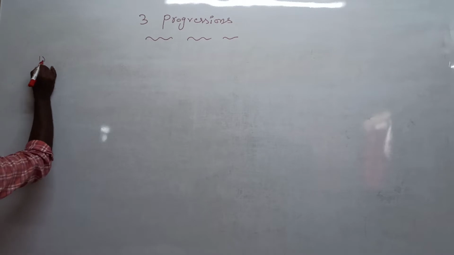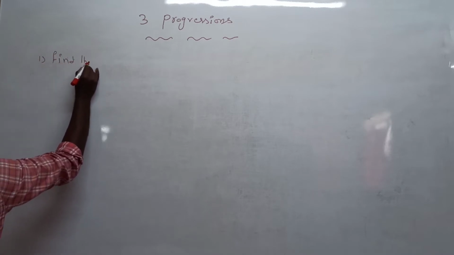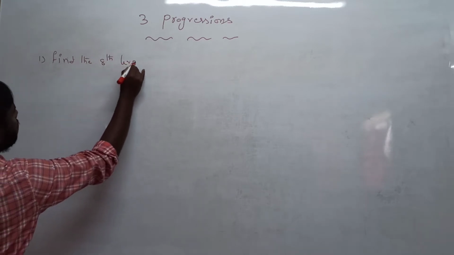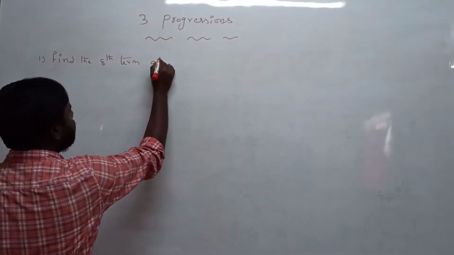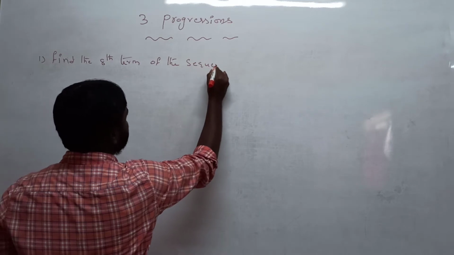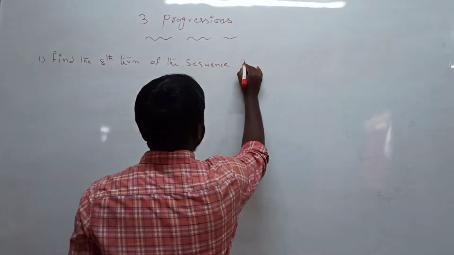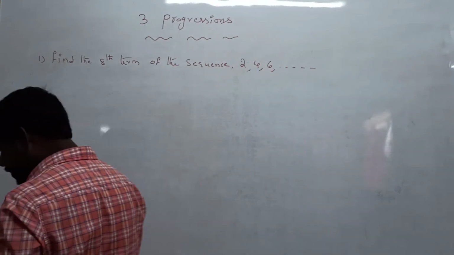First one: find the eighth term of the sequence 2, 4, 6, and so on. What are they asking?